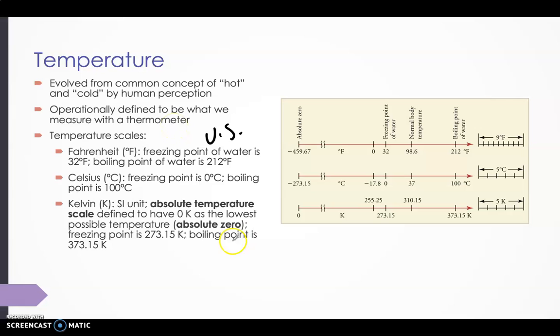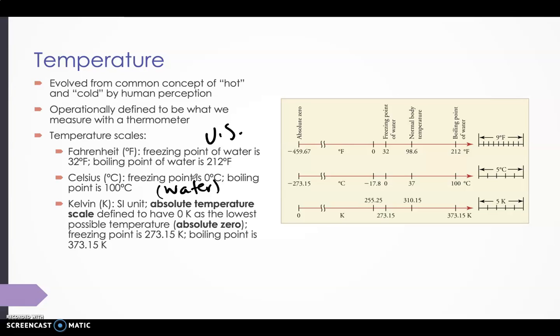Now, a lot of other places in the world will use Celsius or degrees Celsius, and they define the freezing point of water as 0 degrees Celsius. So that is how 0 degrees was defined, by the freezing point of water, okay? And the boiling point was defined as 100 degrees Celsius, okay?